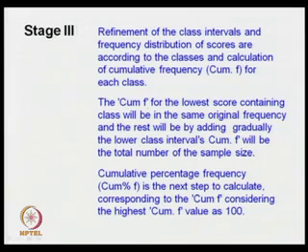The cumulative frequency for the lowest score class will be the same as the original frequency, and the rest will be by adding gradually the lower class intervals. The final cumulative frequency will be the total sample size. Cumulative percentage frequency is the next step, calculated corresponding to the cumulative frequency, considering the highest cumulative frequency value as 100. Now, we see the graph.